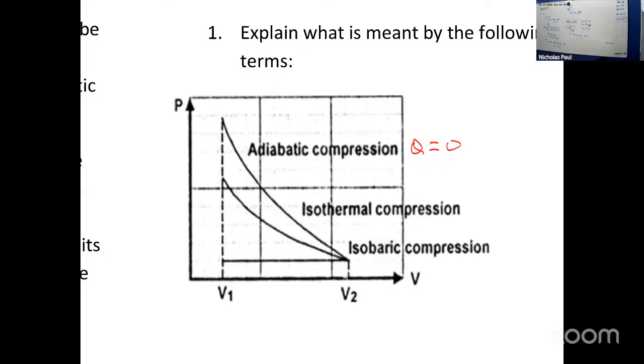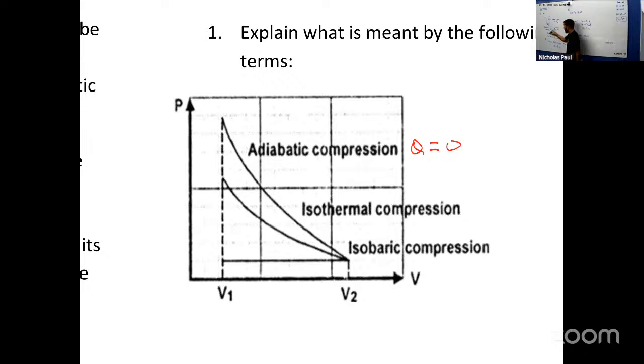Based on this law here, if Q is 0, what can you say about the internal energy? Q is 0, right?